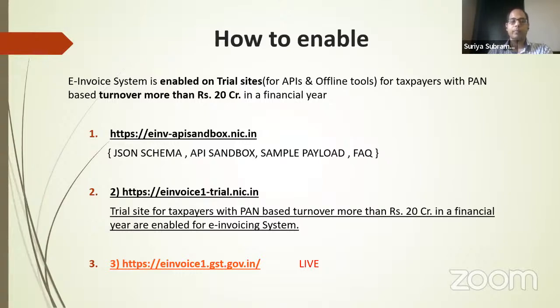So the government has set up multiple portals. The most important portal is the one given at the bottom, einvoice1.gst.gov.in. You need to register in this portal, and whenever you're checking, make sure that you're checking in this portal and not somewhere else. There is also a trial portal, einvoice1-trial.nic.in. In this portal, you can generate trial invoices and test them.